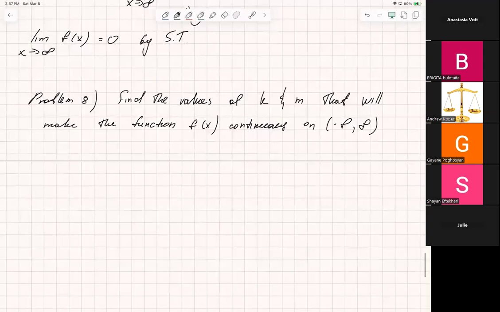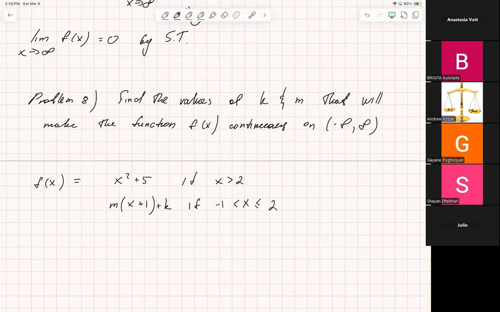Okay, so f of x is x squared plus 5 if x is greater than 2, m times x plus 1 plus k if x is between -1 and 2, and 2x cubed plus x plus 7 if x is less than or equal to -1. Okay?